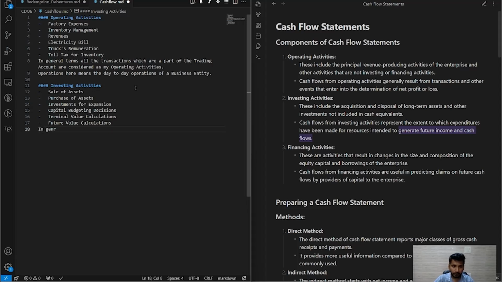In general terms, all the transactions which are a part of the balance sheet, or are considered as expenses and revenue for future prospects, are known as investing activity.